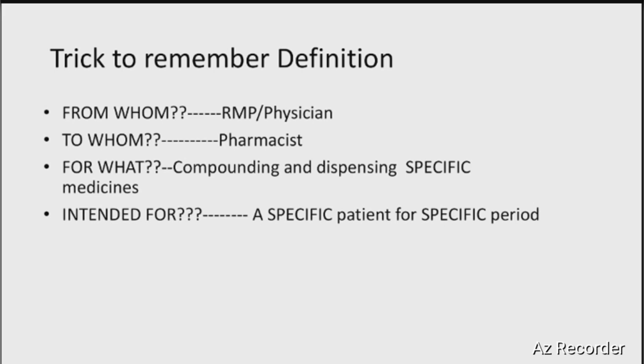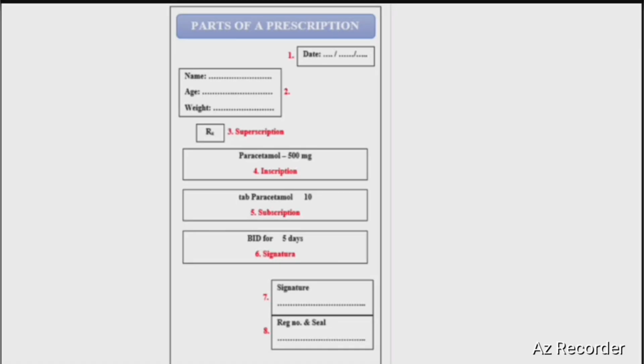Moving forward, we will see the parts of prescription. First look at the sample prescription given here. It is labeled 1 to 8. First is the date of the prescription. Patient demographics is the second part, which includes the name, age, height, weight, and gender of the patient. Third is superscription. Fourth, inscription.